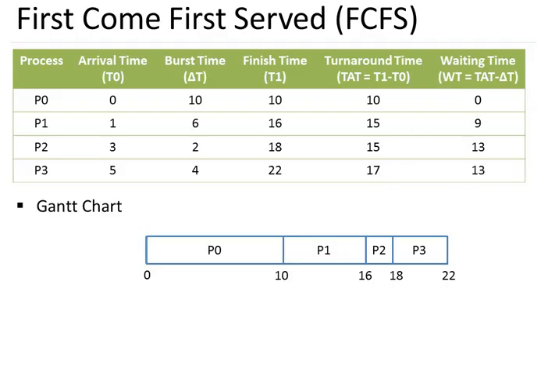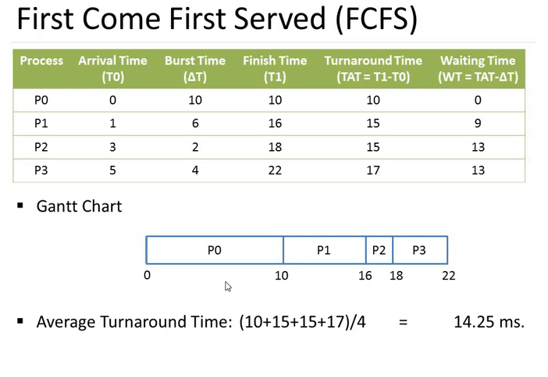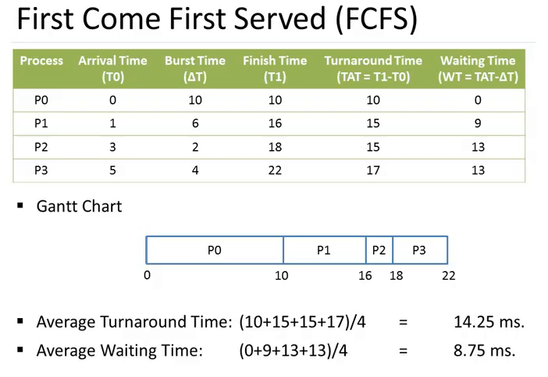Now we need to calculate average turnaround time and average waiting time. For average turnaround time, we just need the summation of all these values divided by the number of processes. So 10 plus 15 plus 15 plus 17 divided by 4. Why 4? Because there are 4 processes in the system. So we get 14.25 milliseconds. And what is the average waiting time?